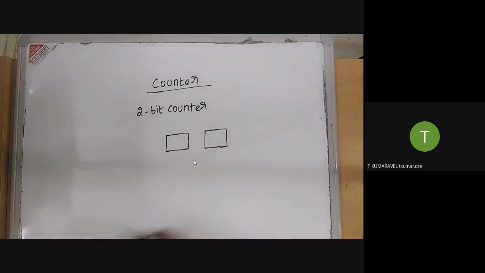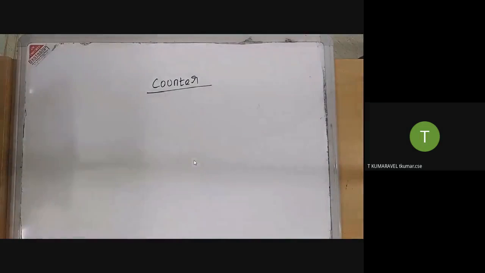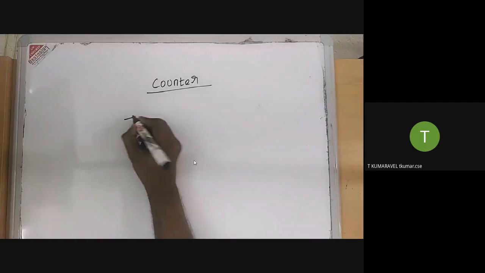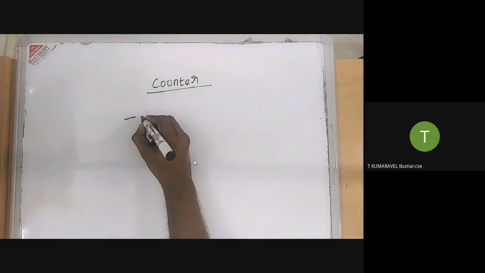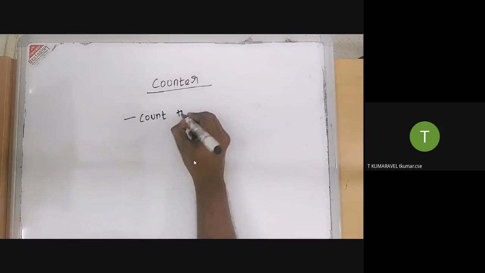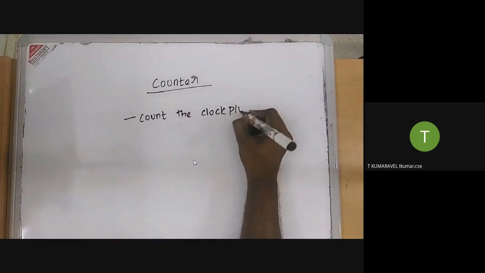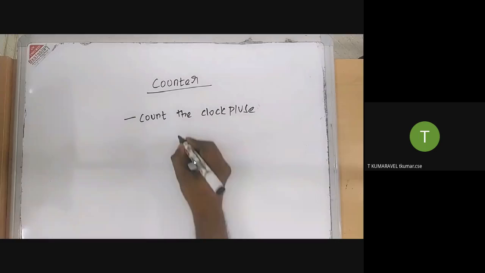So what is the application of a 2-bit counter? It will count the clock pulse. That is the application of a counter: to count the clock pulse.